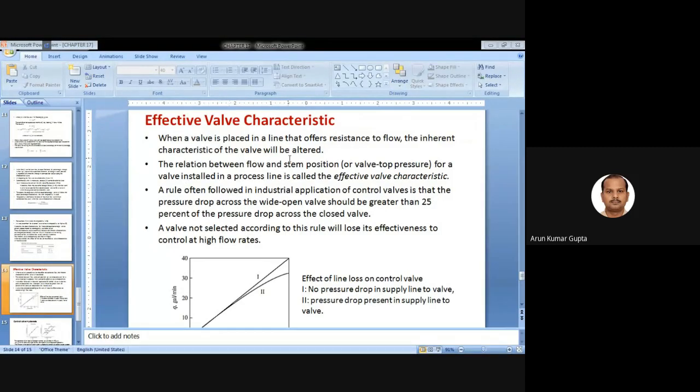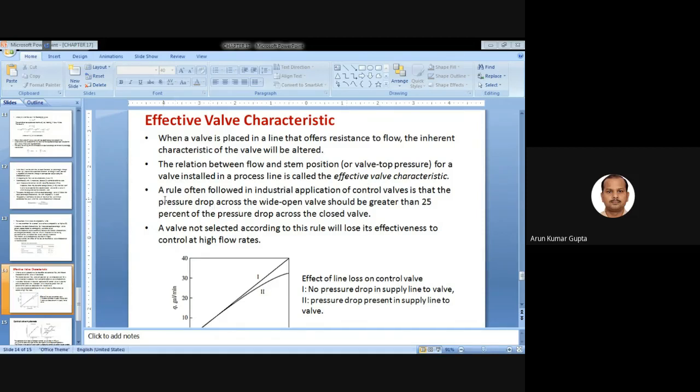The relationship between the flow and the stem position, valve top pressure, for a valve installed in a process line is called effective valve characteristics. A rule often followed in industrial application of the control valve is that the pressure drop across the wide open valve should be greater than 25% of the pressure drop across the closed valve.